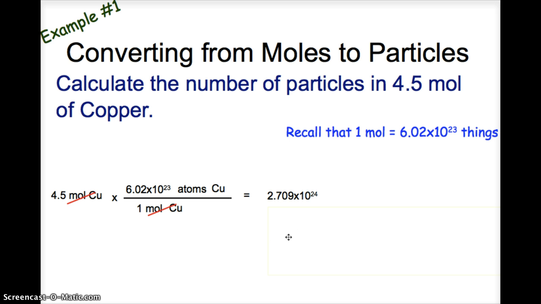However, you can only report 2 significant digits because you're looking at the term you started out with, which was 4.5 moles of copper, and there's only 2 significant digits here, or significant figures. Therefore, here you can only report 2 significant figures. And your final answer is 2.7 times 10 to the 24th atoms of copper.